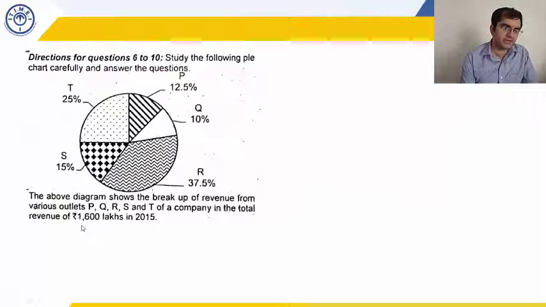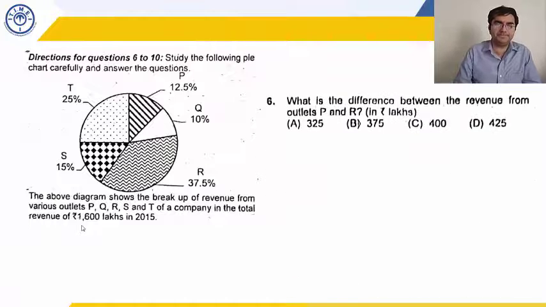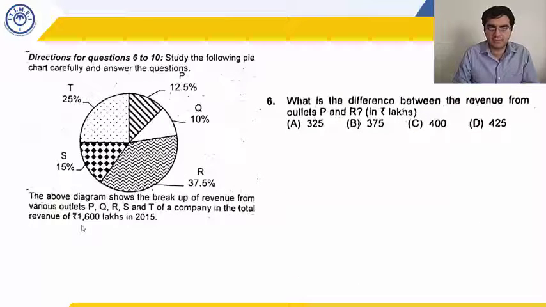So you write over here, make an arrow and say total value of pie chart may or may not be required. Okay, so let's begin. Question 6. Take 30 seconds.